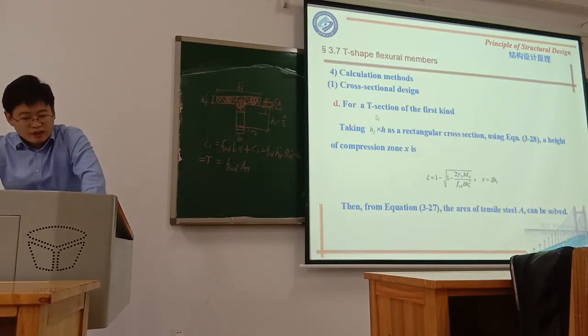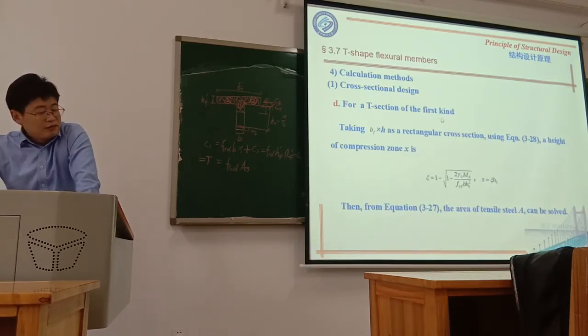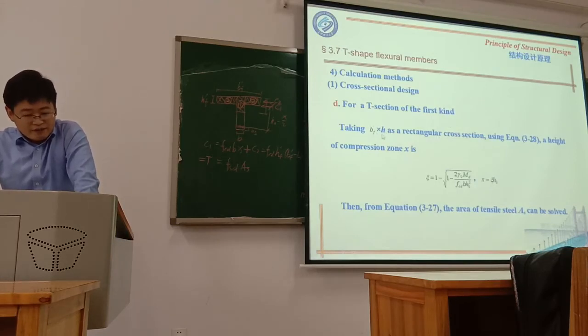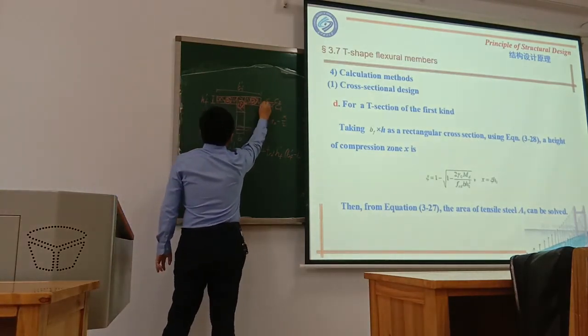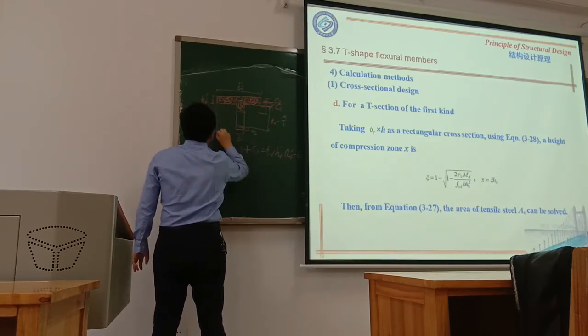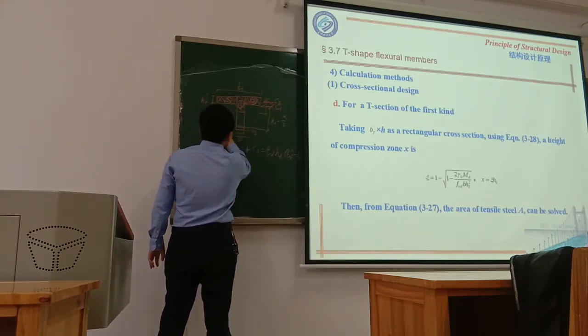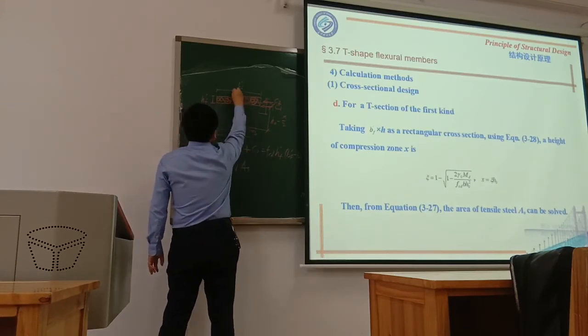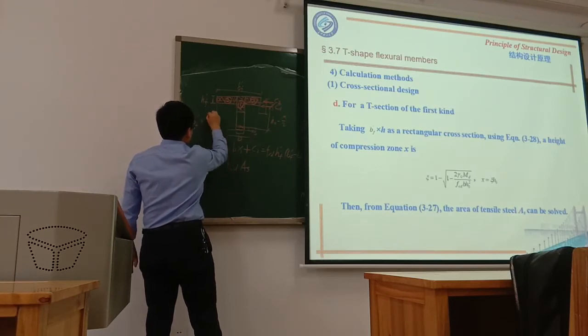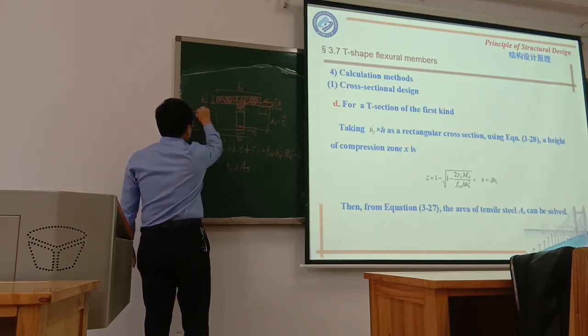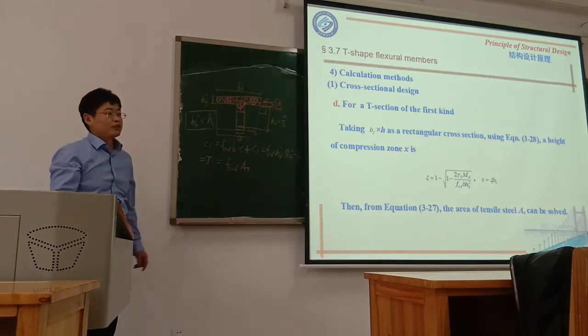And then for the first kind, type 1, taking bf' h as a rectangular cross section, because type 1 is just working like a rectangular shape with the width bf prime.